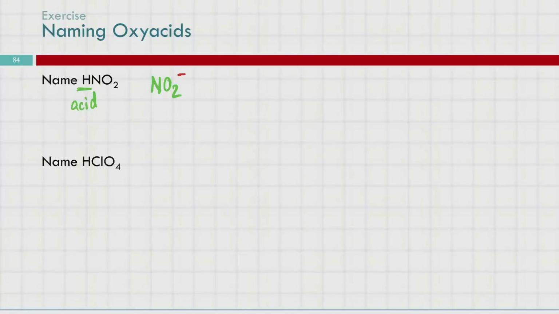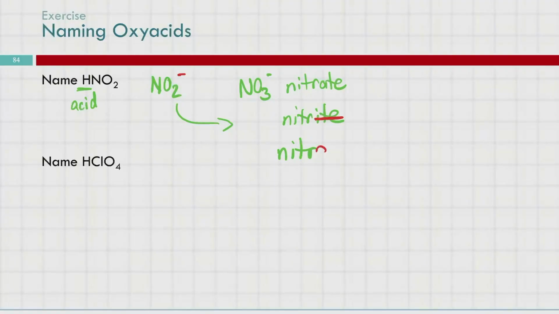If we didn't know what this was off the top of our head, we would find something that looks like it on our green sheet or somewhere else, and we would find NO3 minus, and that's nitrate. We have 2 oxygens, however. So this is nitrite. So we're making an oxyacid with nitrite. We're going to change the ending, the ITE ending. And that ending change is to OUS. ITE turns into OUS, and we add acid to the end. So this would be nitrous acid.